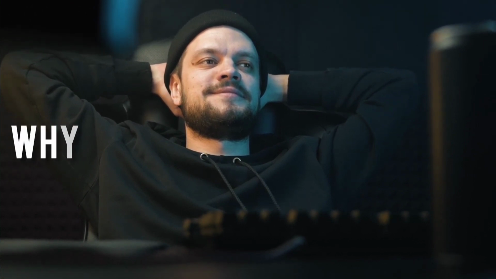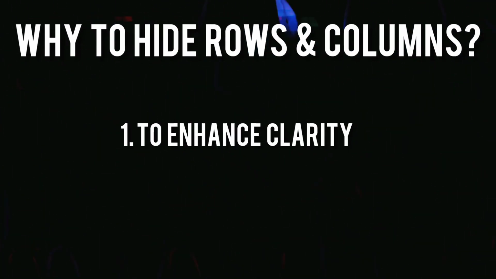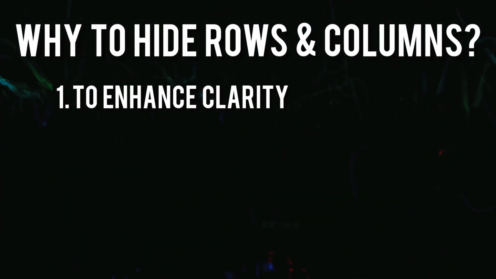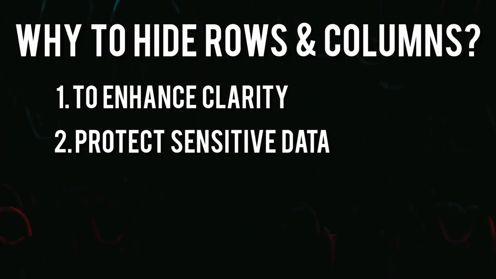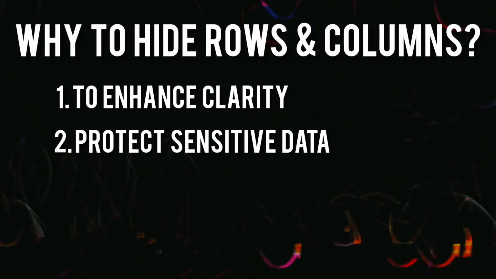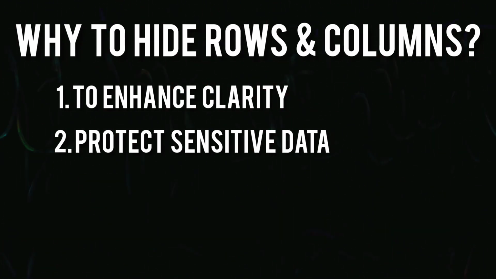Many times we are dealing with a large data set and the data might be going off the screen. So to make the data concise for better clarity, we might need to hide some of the rows and some of the columns. Also, sometimes we don't want to present some of the sensitive data in the view, because Google Sheets is a shareable tool and we don't want sensitive data to be present at the first view to everyone.